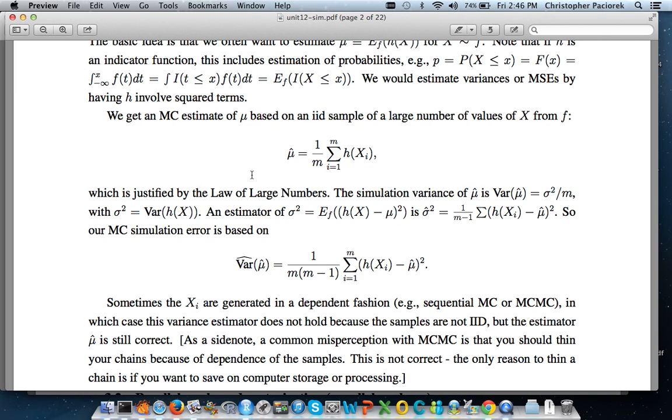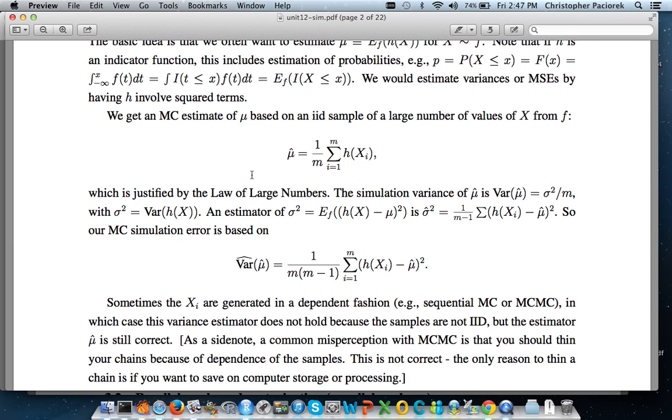So there's potentially two variances going on here. This is the expectation I'm interested in estimating, the property of my estimator. This is my Monte Carlo error in estimating that thing. And as m gets bigger and bigger, this thing is not going to get smaller and smaller, but the variance of that estimator will get smaller and smaller as m gets bigger and bigger.